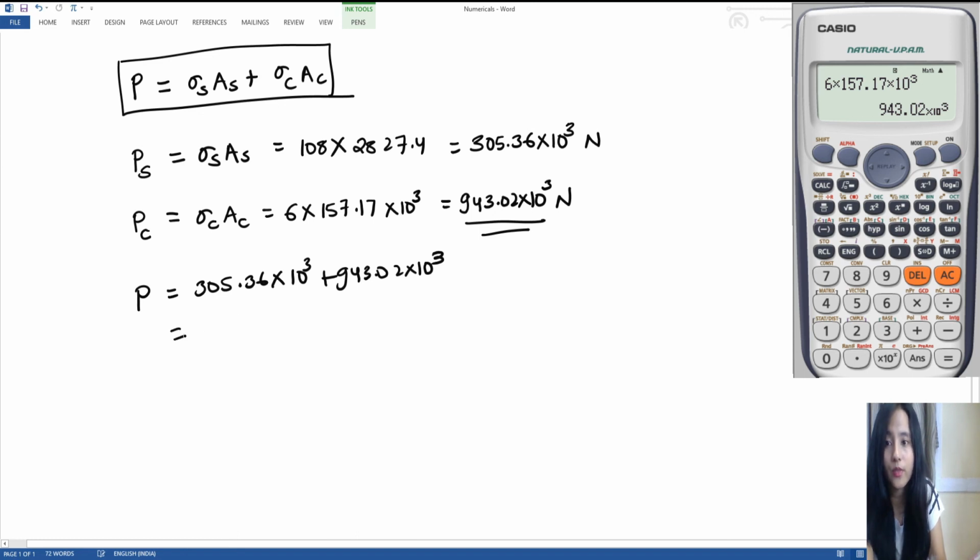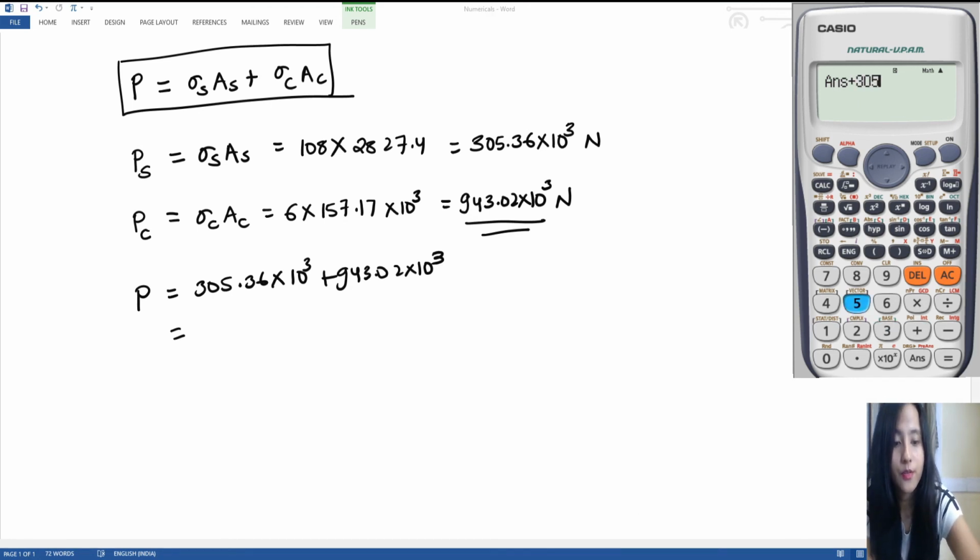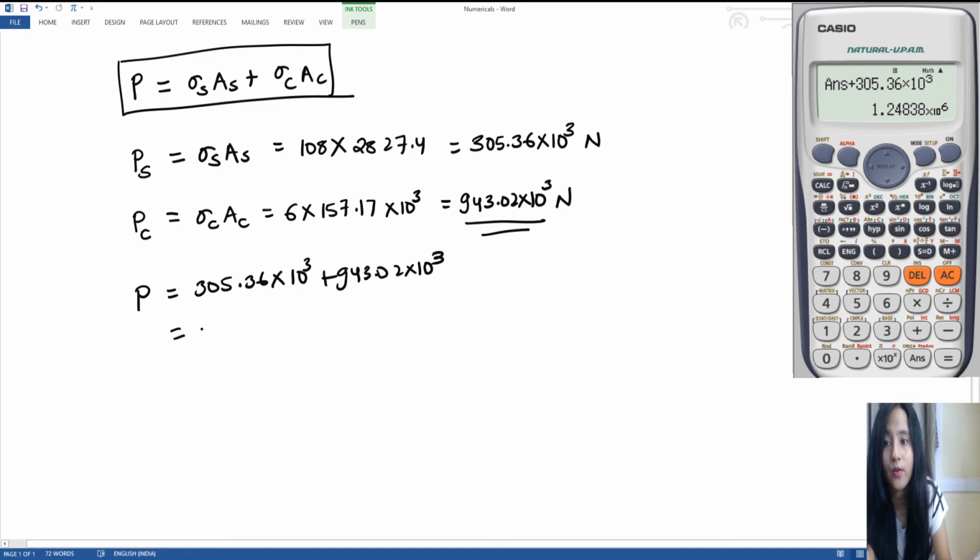So this will be coming equal to 1.25 into 10 raised to power 6 Newton.